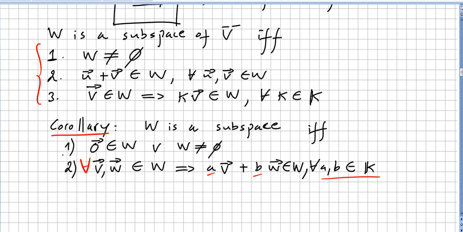So that's the corollary: W is a subspace if and only if W is non-empty, or 0 is in it, and for any vectors V and W in the subspace, A times V plus B times W is also in the subspace.